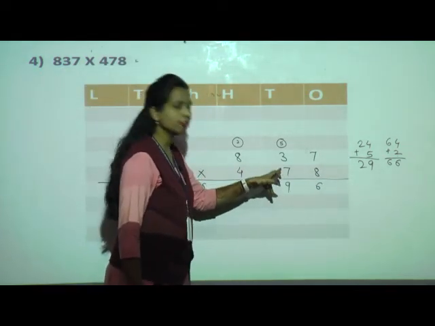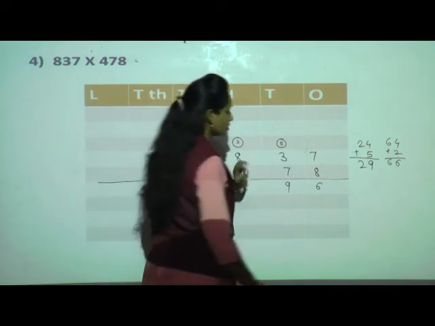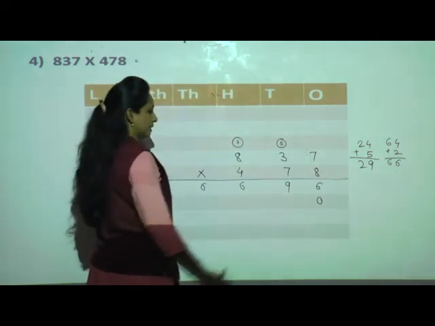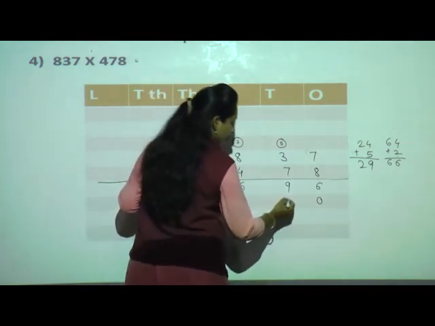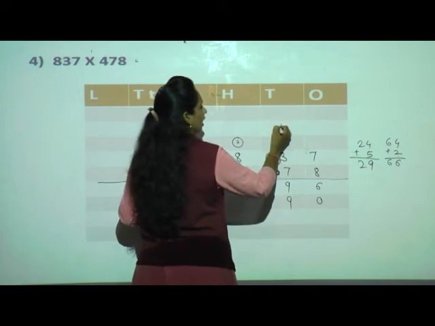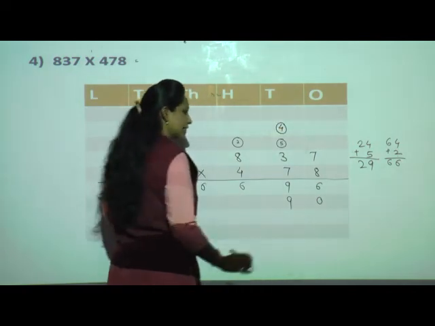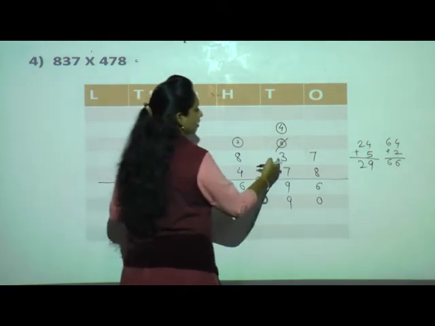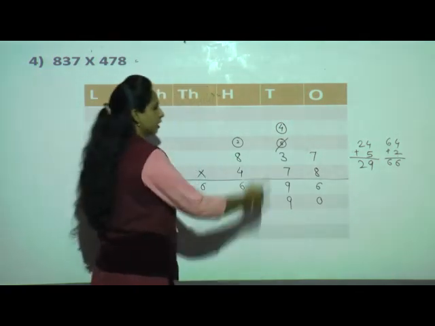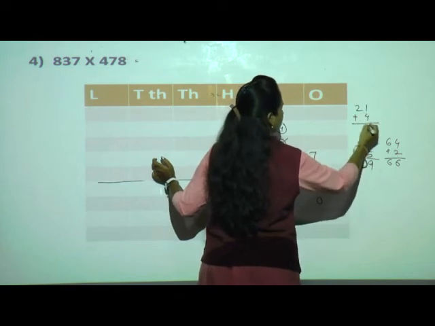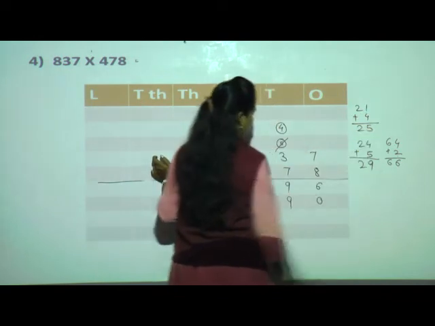Now we will go with the tens place multiplication. Whenever we are doing the tens place, put 0 at the ones place. Now 7 sevens are 49. So write 9 on the tens place and 4 carry to the next place. Before carrying, cut the previous carry. Now 7 threes are 21. 21 plus 4. 1 plus 4 is 5, 2 as it is, 25.